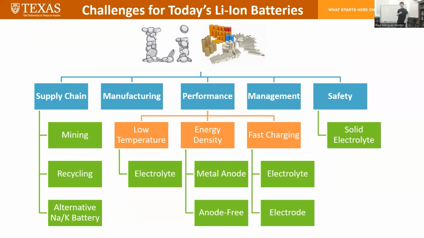So I'm listing here, not very comprehensively, some of the major challenges we have for today's lithium-ion batteries. For example, from Tesla, if you check the price, the cost is almost $40K all the way to $100K. So why does it make it so expensive?